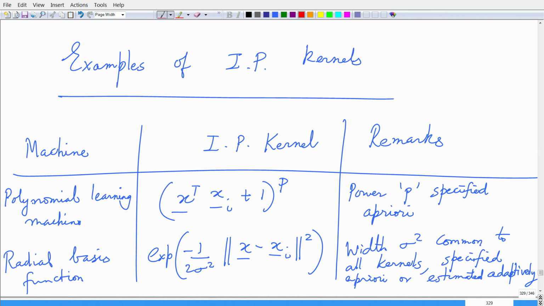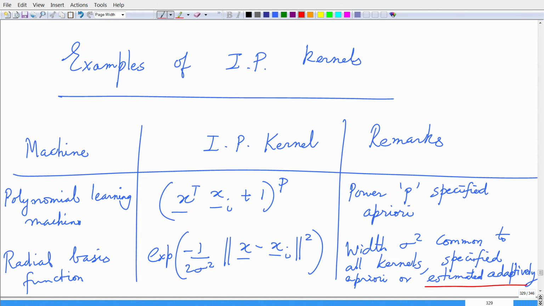As we discussed during the RBF network design, sigma square can be common to all kernels and could be specified a priori, or we can estimate it adaptively. This is the more preferred method, that we estimate sigma square adaptively and then fold this within the RBF. So, this is also a possible inner product kernel.